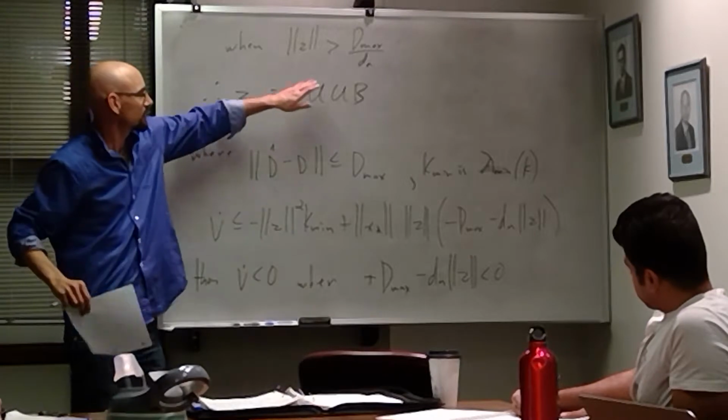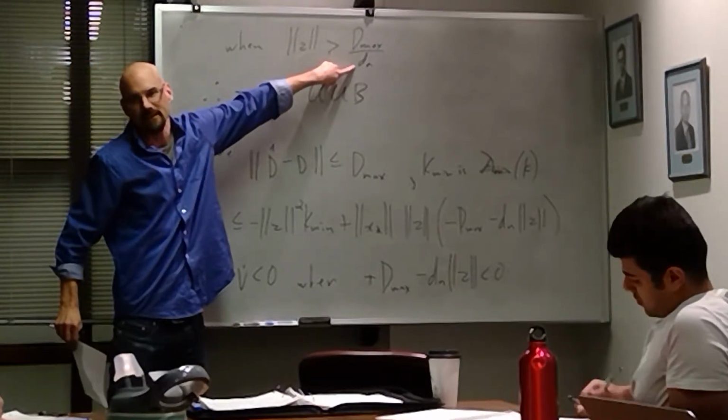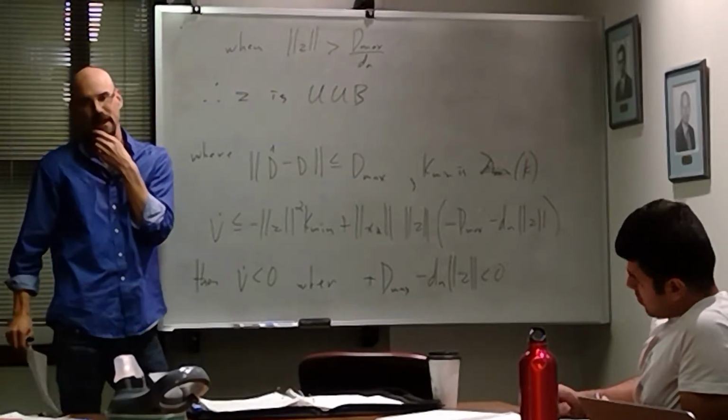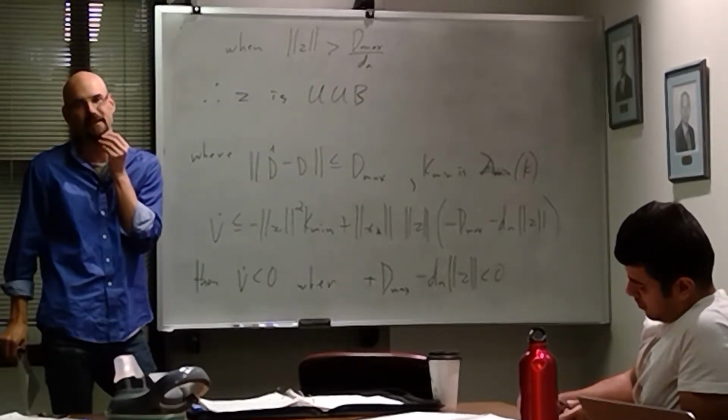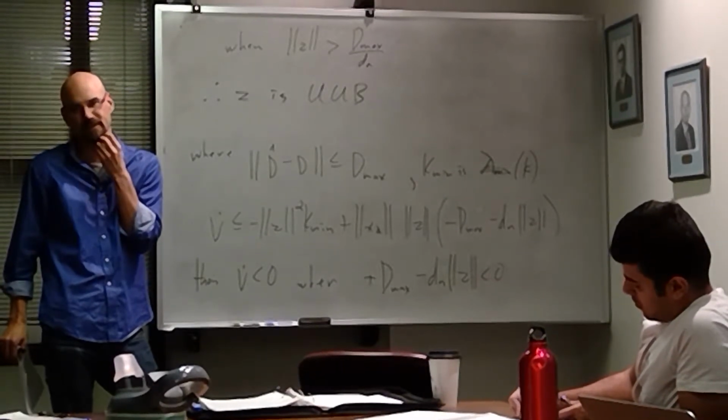But notice I can make that bound as small as I want just by increasing the value of dn. So I do have power to decrease that bound arbitrarily, which is good. I can make that bound really as small as I want by increasing dn.